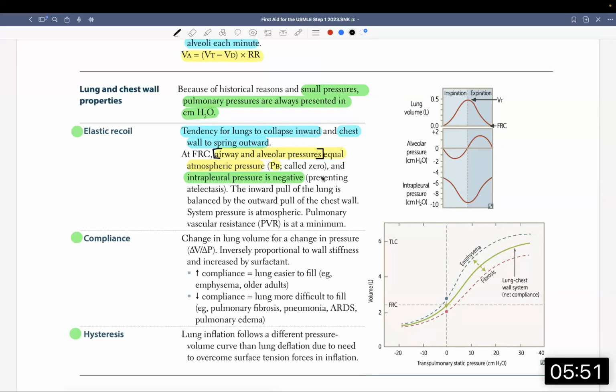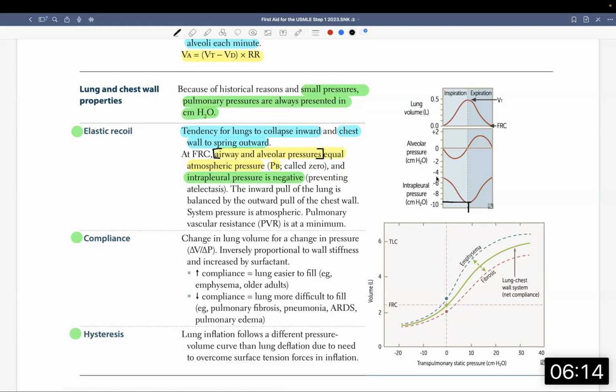And the intrapleural pressure is negative. Intrapleural pressure is about -10 on inspiration and -5 on expiration, but it's always negative.